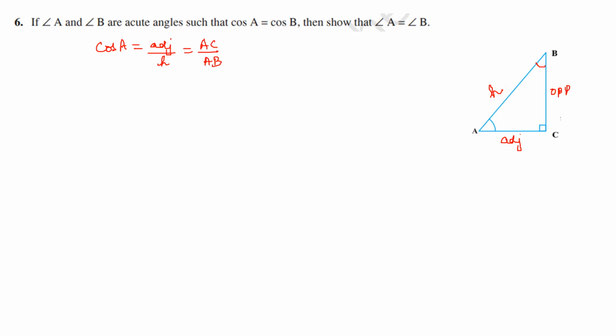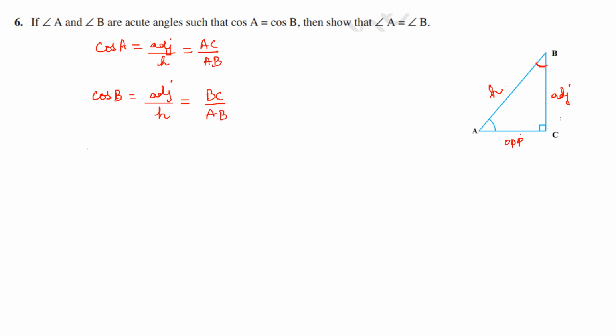Now cos B. With respect to angle B, your opposite side is AC and adjacent side is BC, right? So here also it is adjacent by hypotenuse, which is BC by AB.